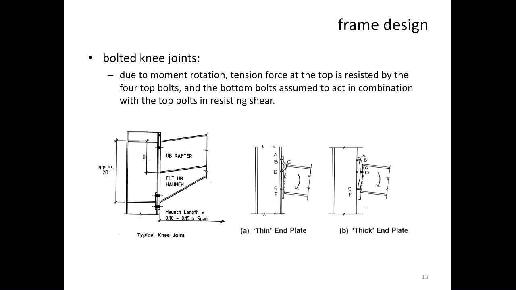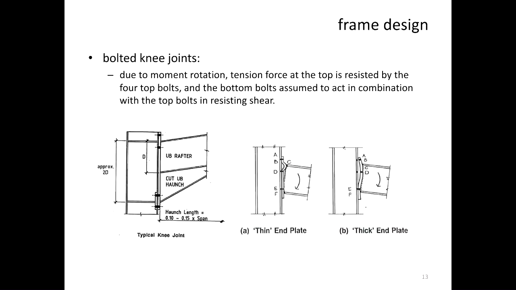So what happens generally is, if you have the end plate of the rafter and the haunch, that section, or the portal beam, and the end plate is very, very thin, it will fail like that because it's not strong enough to resist the bending.